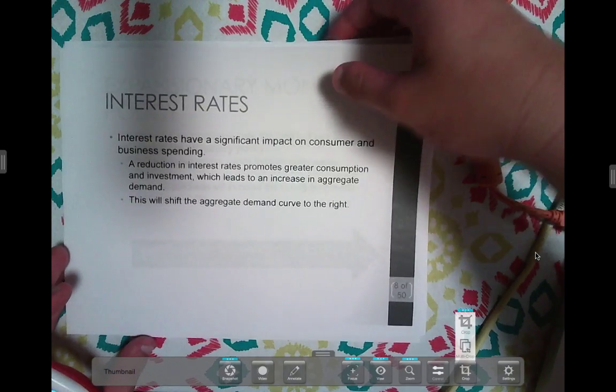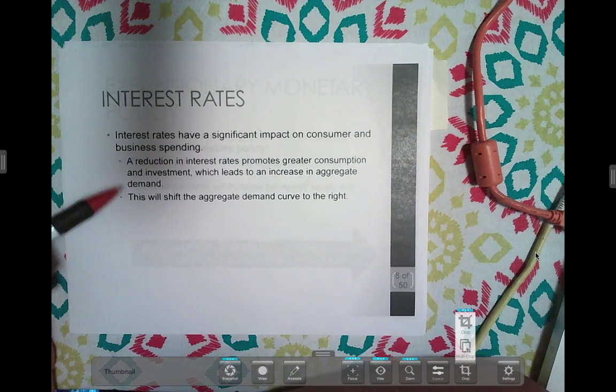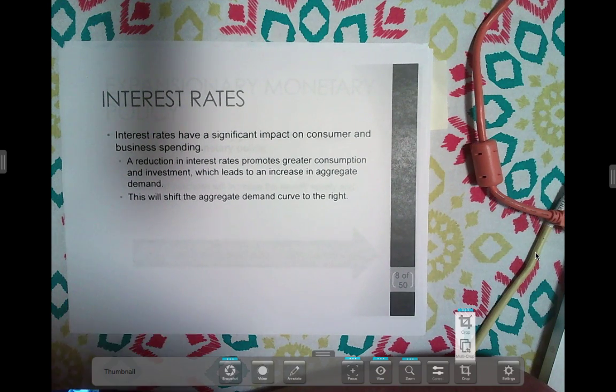So why do interest rates matter for any of those goals? Because interest rates influence how much businesses decide to invest in inventories, in hiring future employees. Also, in terms of us as consumers, it affects how much we decide to save and how much we decide to spend.